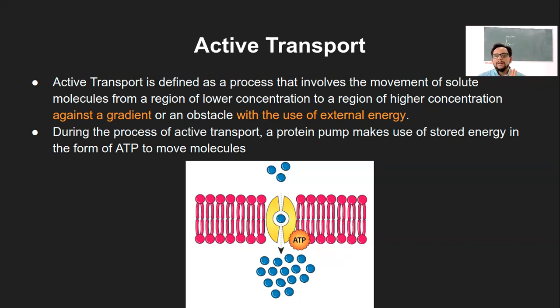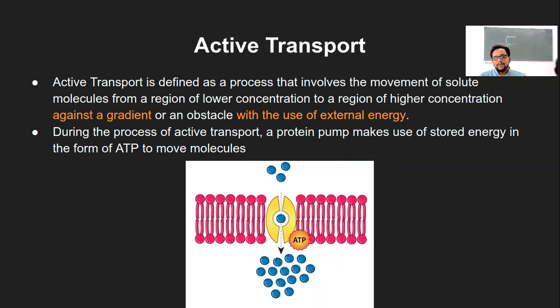What does that mean? If we have two compartments, one with higher concentration, the other with lower concentration, diffusion will happen from higher concentration to lower concentration of solute. Active transport will happen from lower concentration of solute to higher concentration of solute. That is against the gradient.